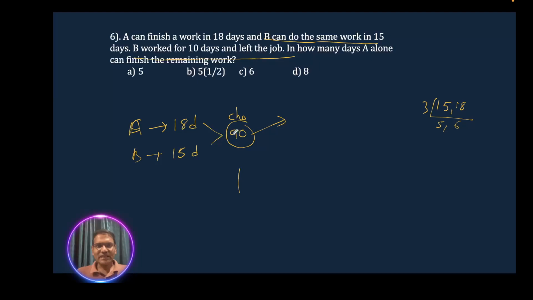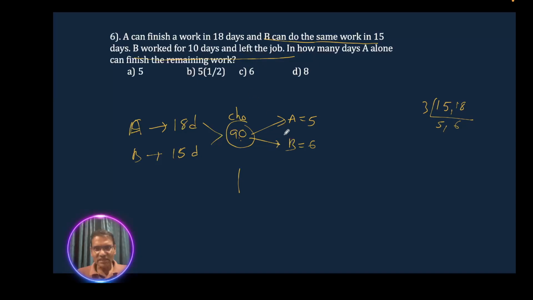Here A can eat 90 chocolates in 18 days, that means per day A can eat 90 by 18, 5 chocolates. B can eat 90 by 15, that is 6 chocolates per day. Now the question is, B worked for 10 days and left the job. B can eat 6 chocolates per day, he worked for 10 days.